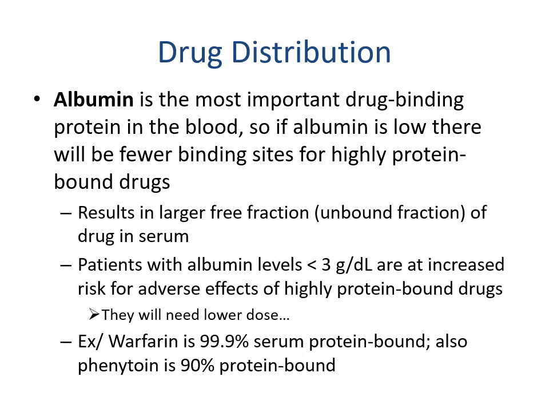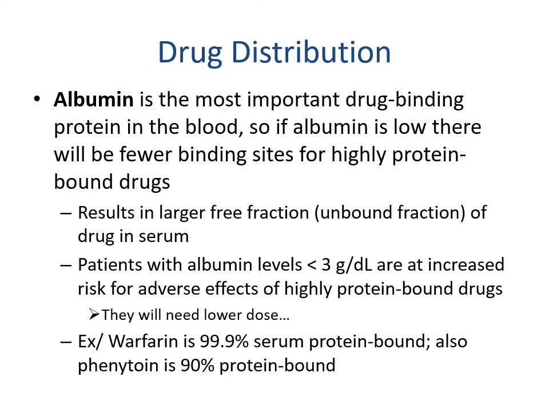So for example, albumin is the most important drug-binding protein in the blood. So if albumin is low, there will be fewer binding sites for highly protein-bound drugs. Now again, we said that the unbound portion of the drug is the drug that works on the body. So if you have low albumin, this results in a larger unbound or free fraction of the drug in your system.